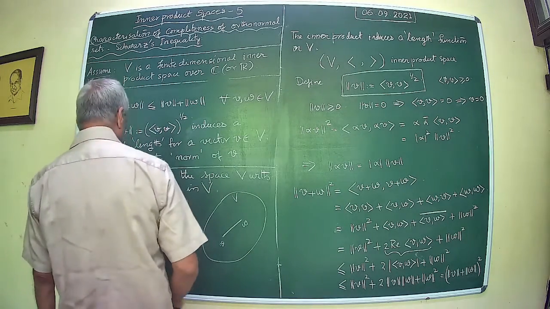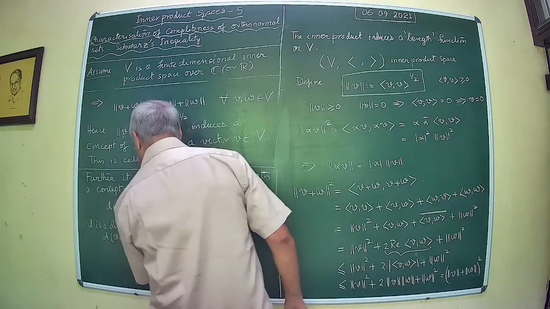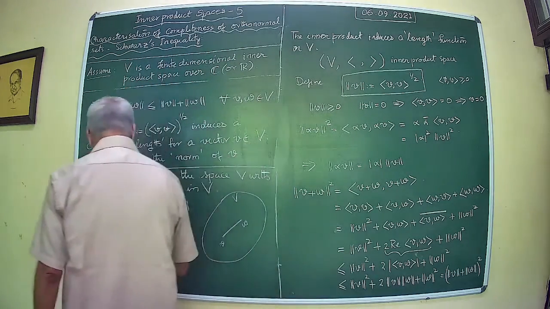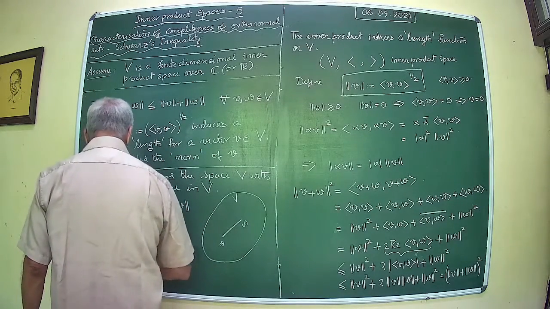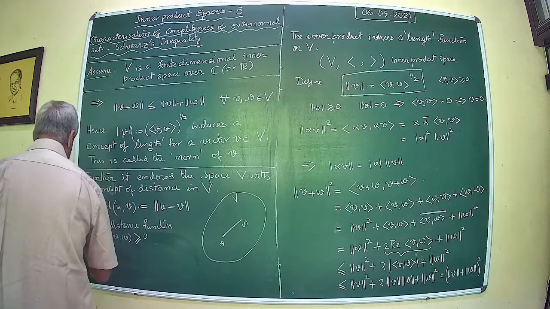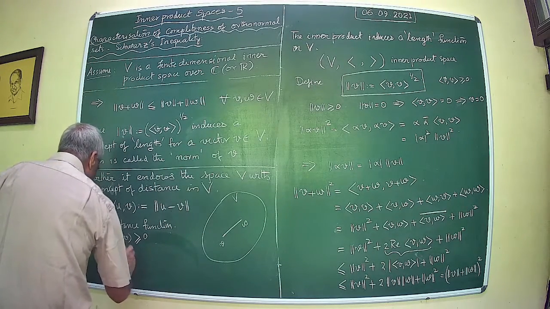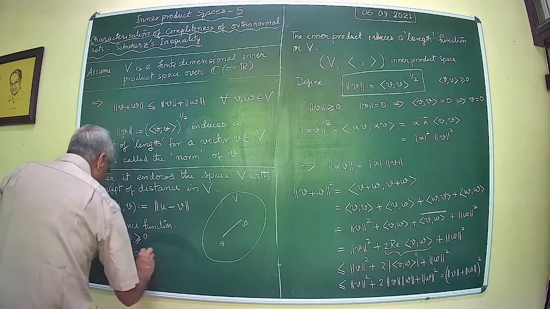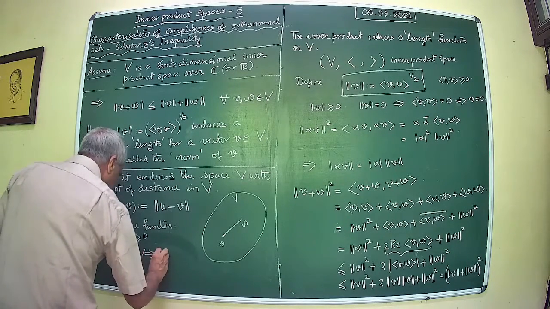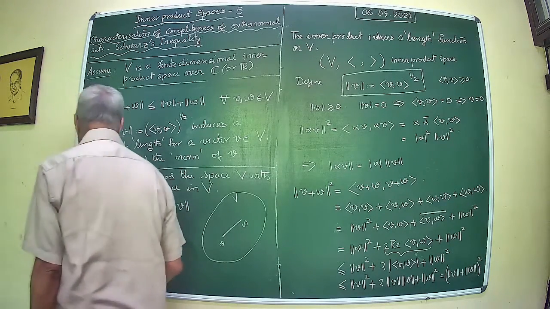Before that, I think the distance function has to be non-negative. These are the desirable properties of the distance.